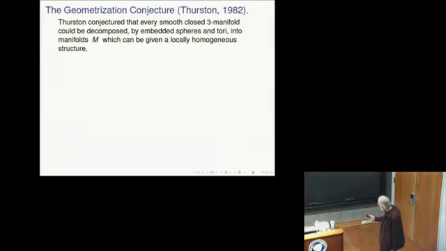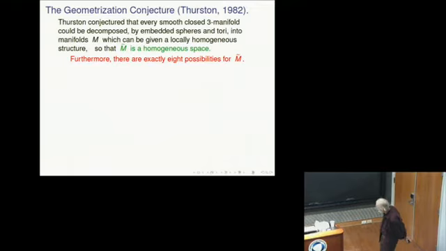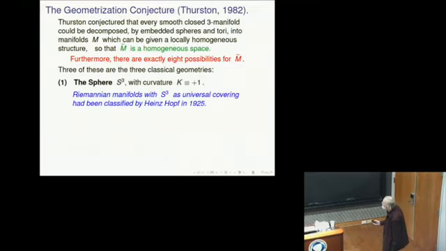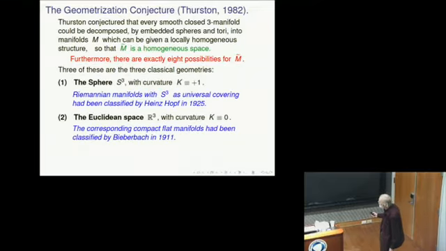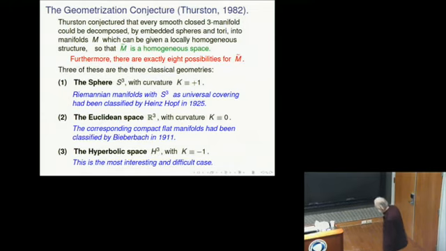So you can cut it up by spheres and tori so that each of the pieces would have one of 8 possible geometries. Let me go through this very fast. There's positive curvature, zero curvature, negative curvature. These are the 3 obvious possibilities which have been studied for a long time.